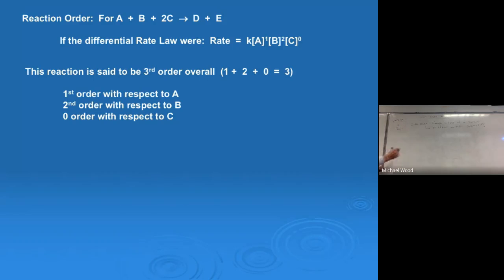Okay, first order. So if something is first order, that means something's raised to the 1. So here the rate is directly proportional to the reactant's concentration.